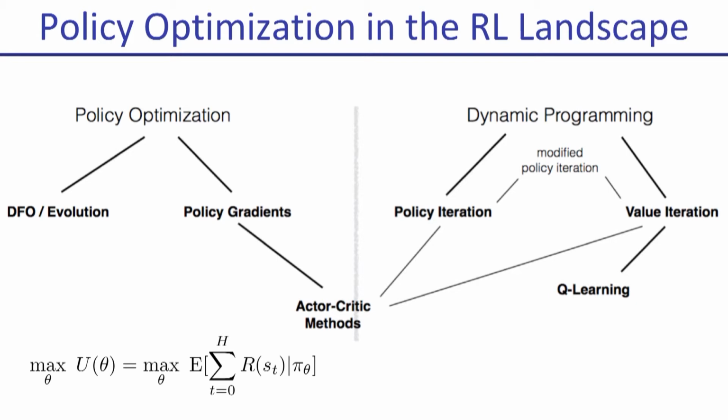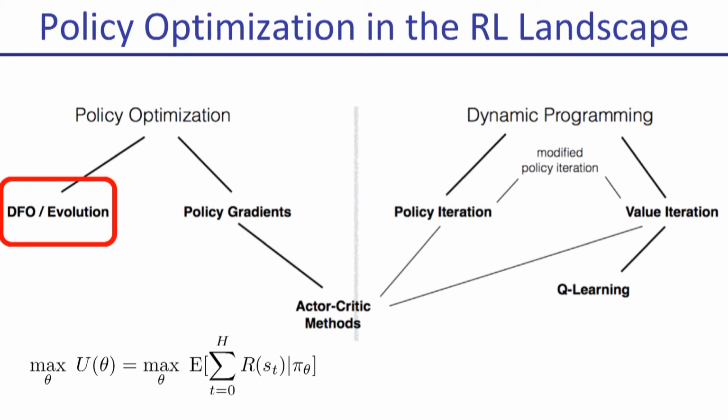In policy optimization, we directly change the parameter theta in a way that increases the performance of our policy. We have already seen policy gradient methods, and special cases include actor-critic methods, where you also learn a value function or critic to exploit the problem structure a little bit, which is a hybrid between policy optimization and dynamic programming.